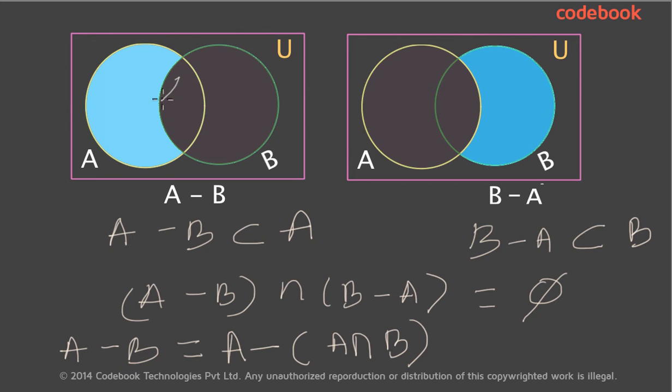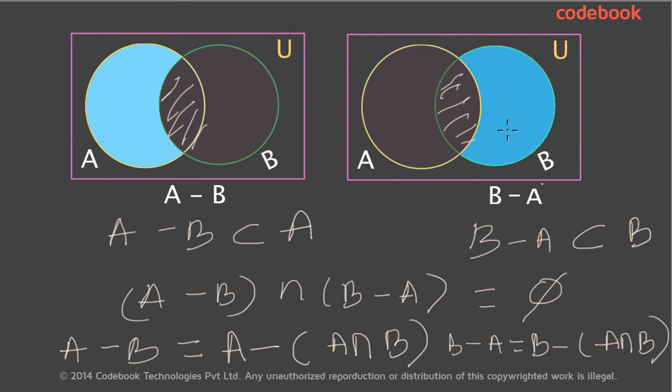So this area is A intersection B. If you take that area out from this whole set A, you will have the blue area, which is your A minus B. Similarly, B minus A is equal to B minus A intersection B, right? Because this area is common to both A and B, which is A intersection B. So B minus this area is your blue section, which is B minus A. So these are some properties that you need to remember.